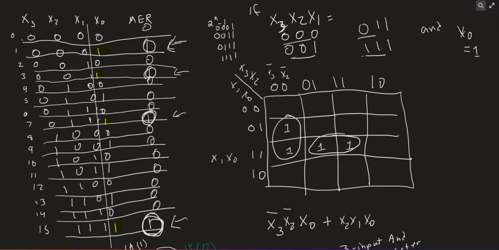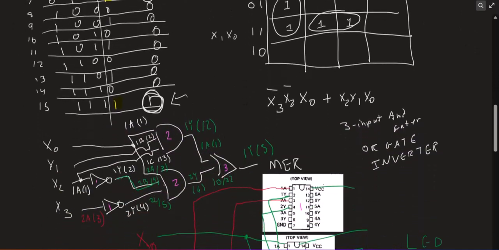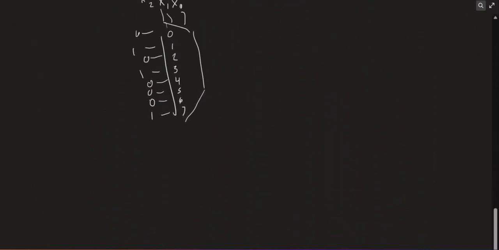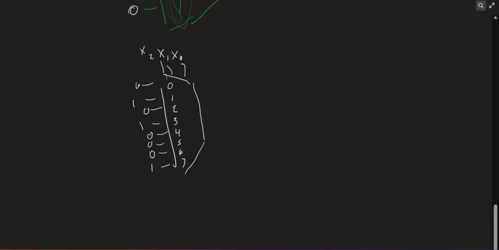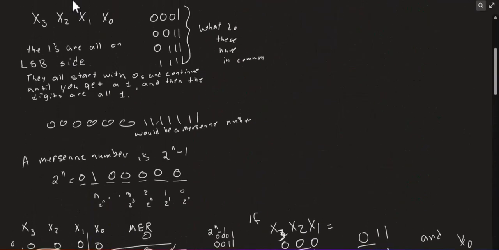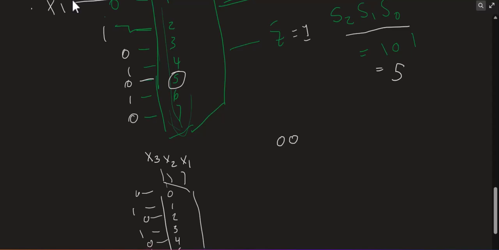Yeah. So I'm saying that this is what I am proposing. I am proposing that we use our multiplexer like this, and our inputs are going to be x3, x2, x1, and I said we had 0, 0, 0.